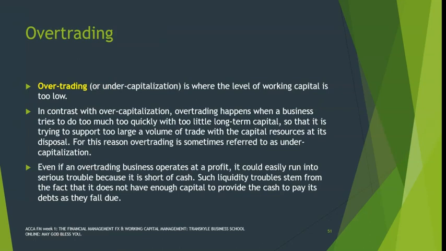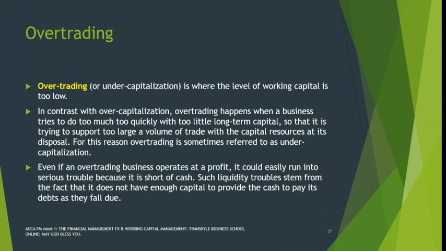Okay, what about overtrading? Overtrading or undercapitalization is where the level of working capital is too low. In contrast with overcapitalization, overtrading happens when a business tries to do too much too quickly with too little long-term capital, so that it is trying to support too large a volume of trade with the capital resources at its disposal.